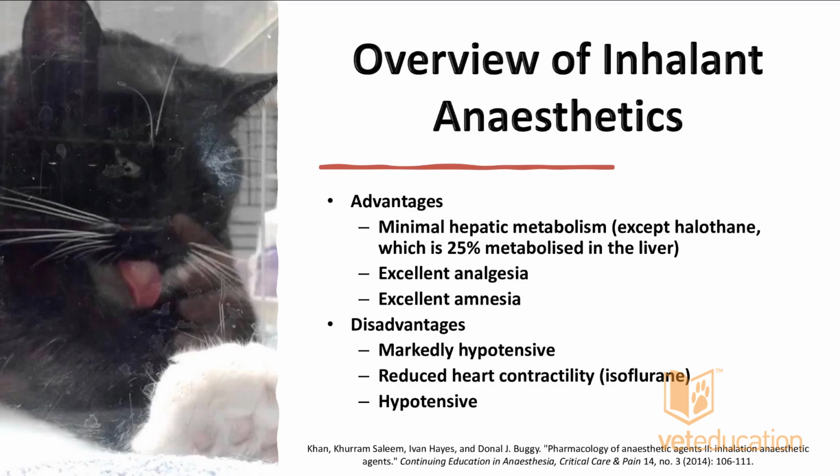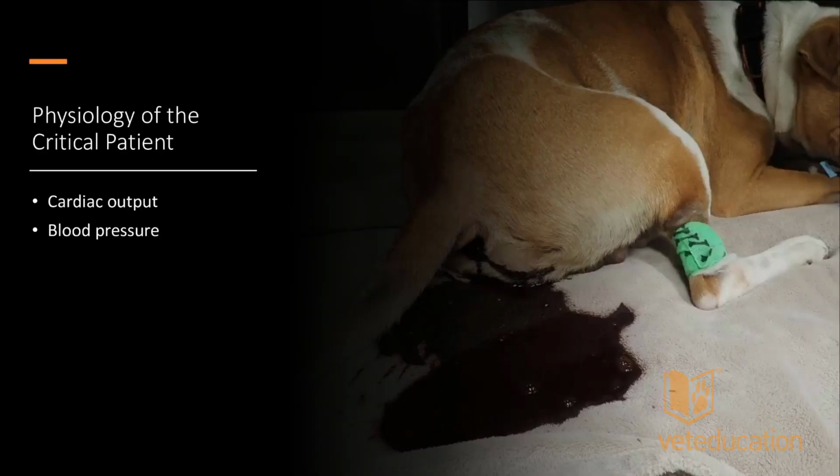The disadvantages of inhalant anesthetics are that they are markedly hypotensive, and isoflurane, as we've already seen on the previous slide, markedly reduces cardiac contractility. And they are also hypotensive, which I've repeated because it's very important.